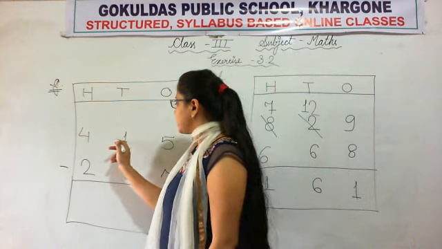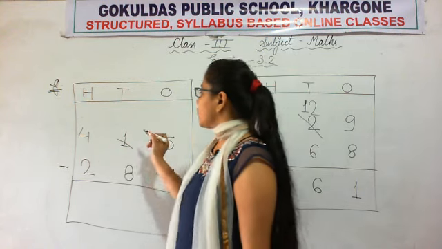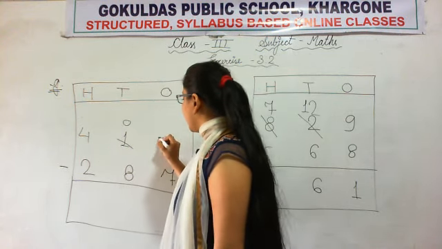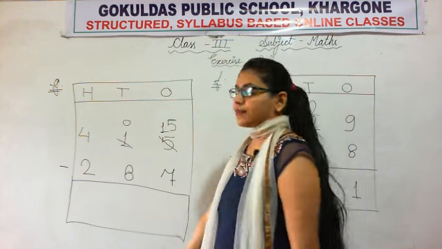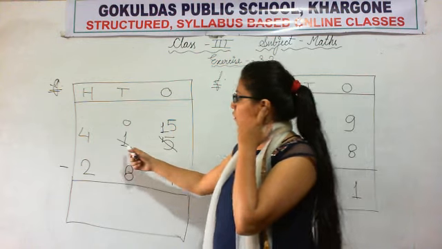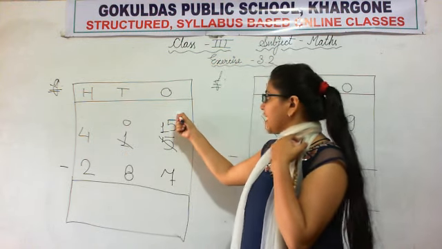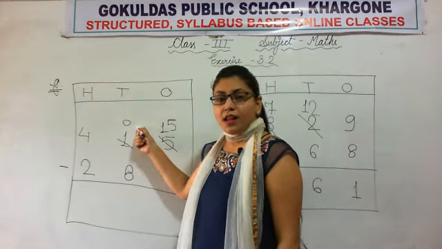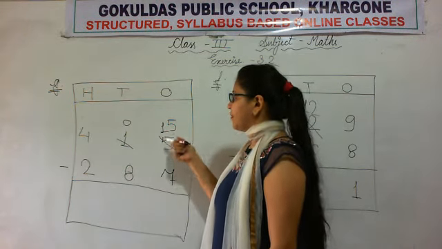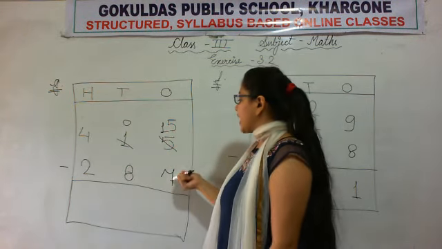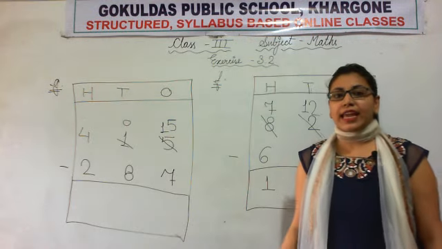Borrow from tens place. So this 1 ten will become 0 and this 5 ones will become 15. So now can we remove 7 from the 15?